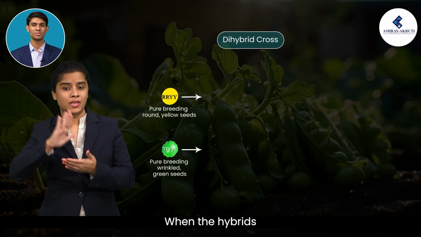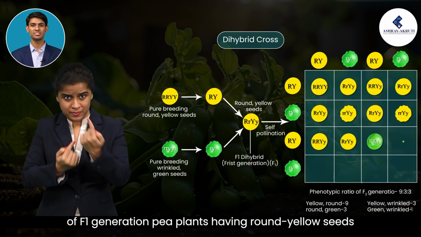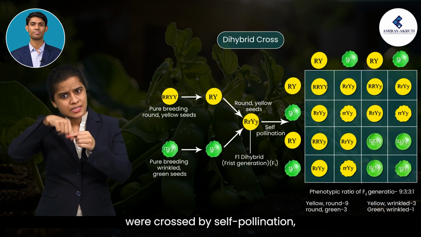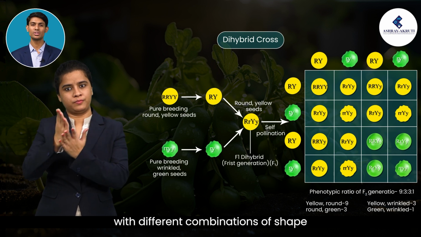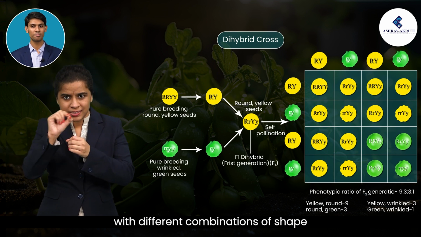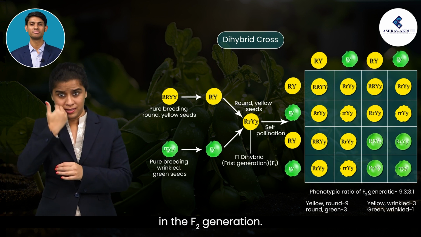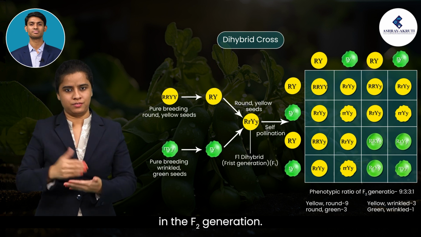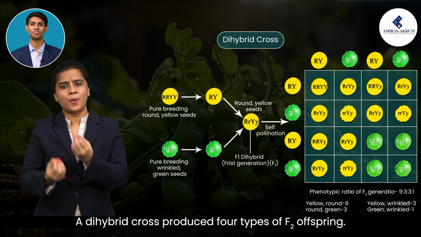When the hybrids of F1 generation pea plants having round yellow seeds were crossed by self-pollination, then 4 types of seeds with different combinations of shape and color were obtained in the F2 generation. A dihybrid cross produced 4 types of F2 offspring.